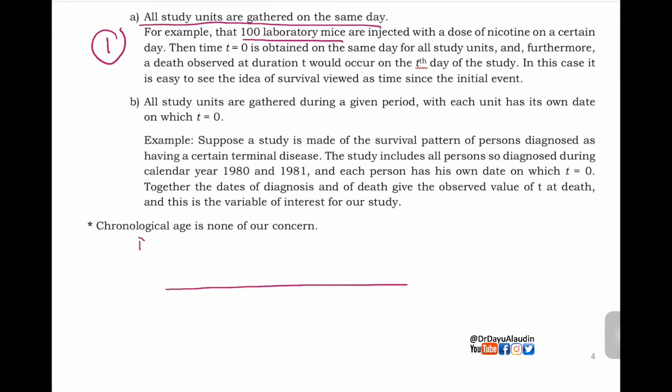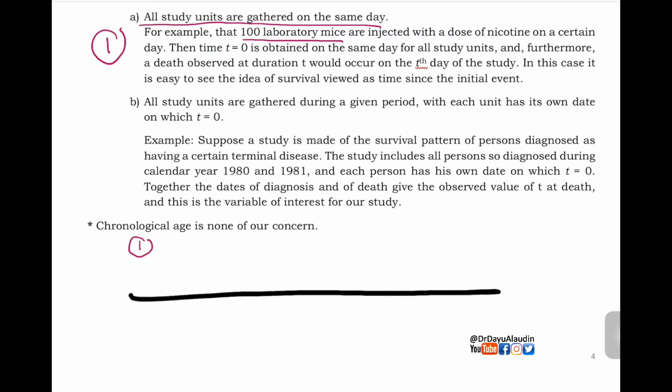For the first method, at t equal to 0, all 100 mice are injected at the same time. So all 100 subjects start at the same time. Then deaths happen all along the way.